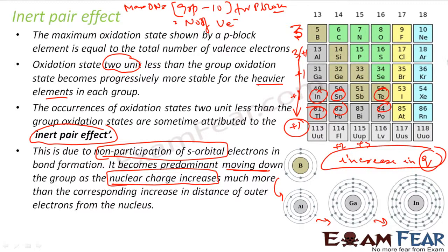We will discuss more about these when we talk about the boron carbon family. Just understand this is called inert pair effect, where instead of showing the maximum oxidation state, it shows maximum minus 2 oxidation state. That is because the moment the element becomes heavier, the charge increases and the s orbitals don't take part in the reactions, and thus s has 2 electrons, so minus 2 is the maximum oxidation state.